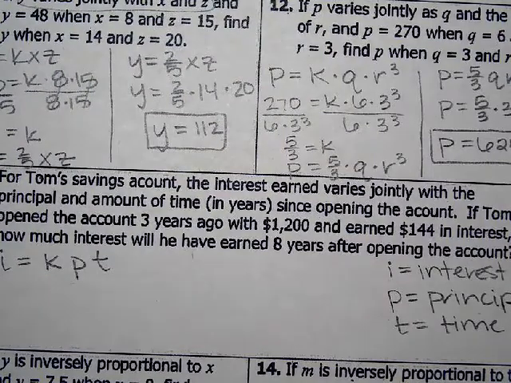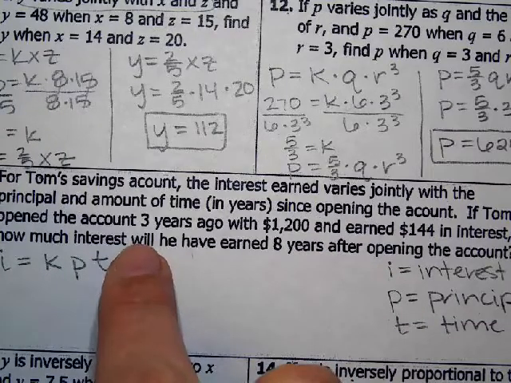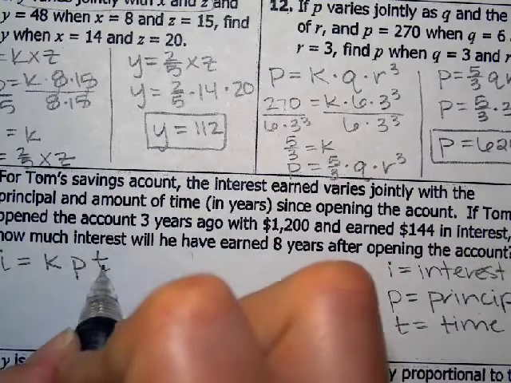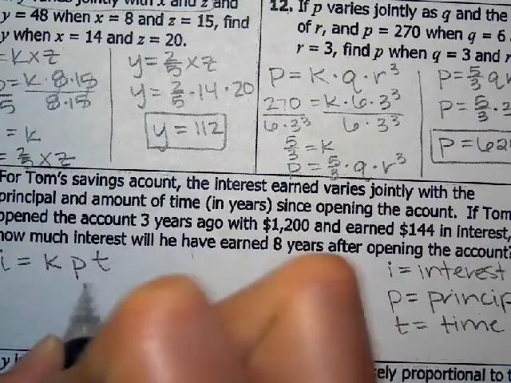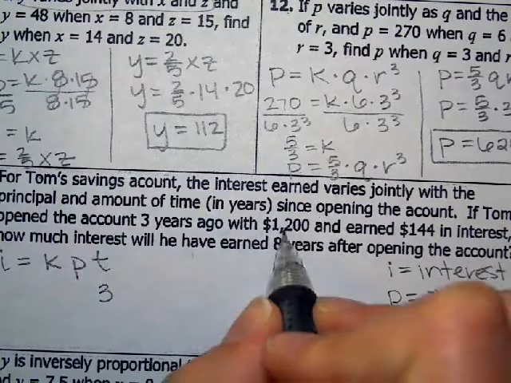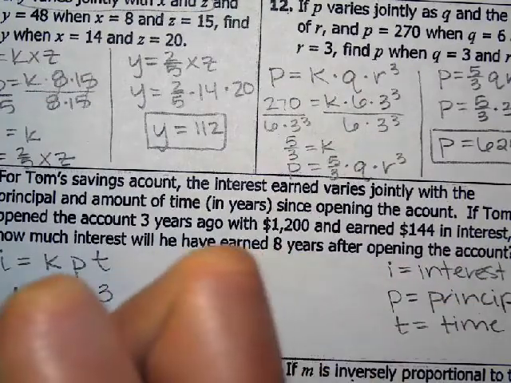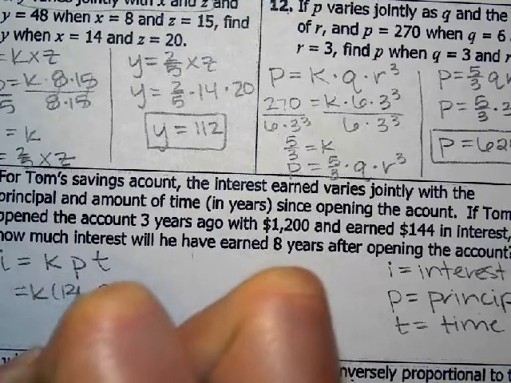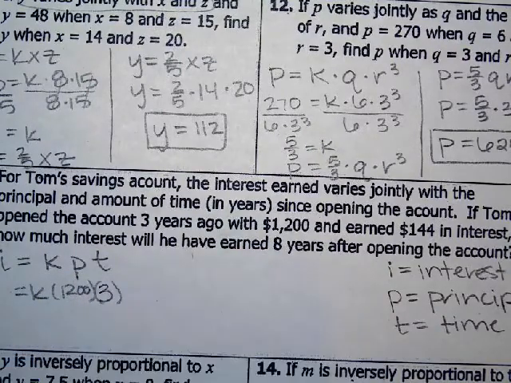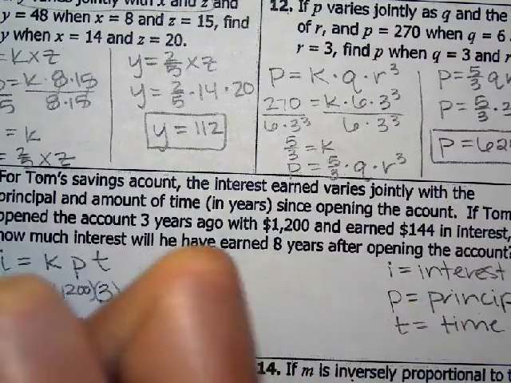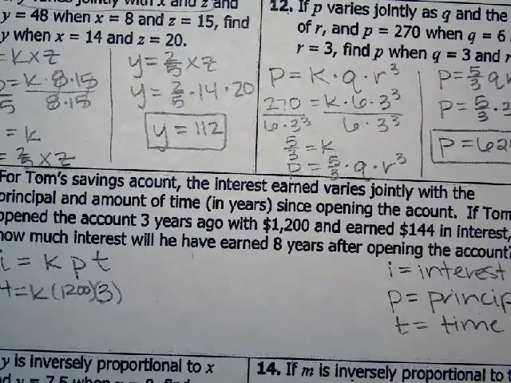If Tom opened the account 3 years ago with $1,200, so he opened the account 3 years ago, there's your time, with $1,200, there's your principal, and earned $144 in interest. How much interest will he have earned 8 years after opening the account?